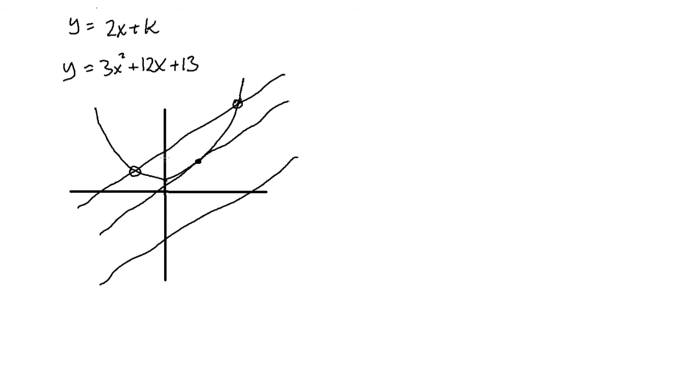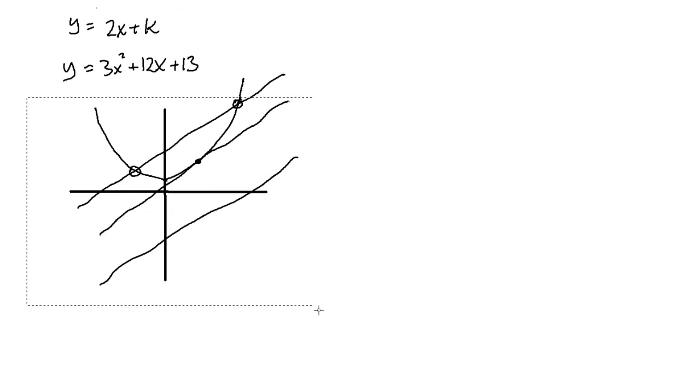So the question is asking for the values of k where the line passes through this parabola twice. And the only place that can happen is when k is larger than a particular value, and we're going to find that value in the form of an inequality.